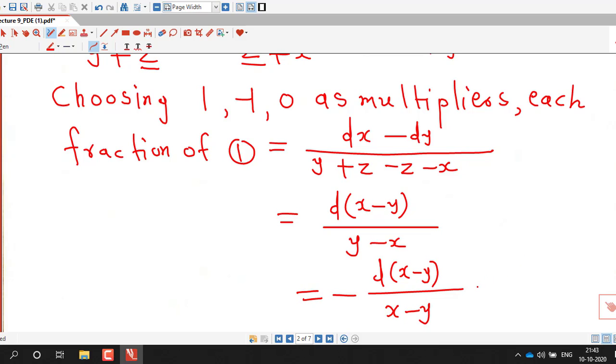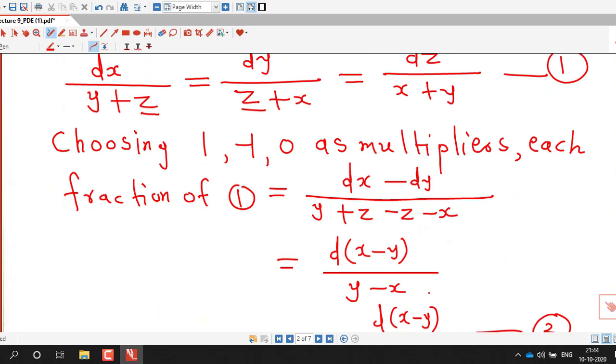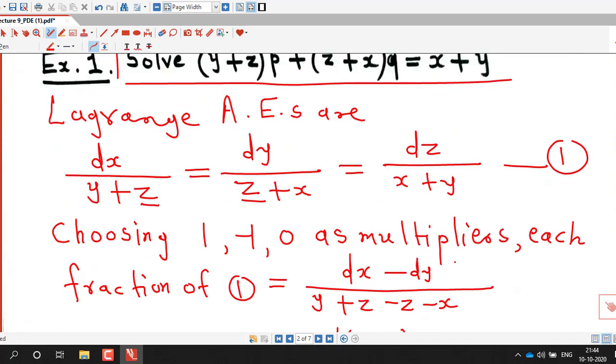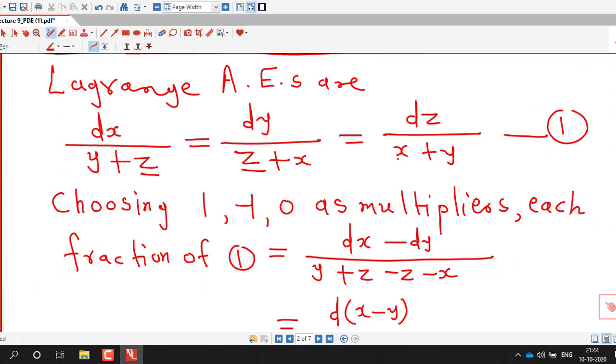So this is the new generated fraction in which this numerator d of x minus y is exact differential of the denominator x minus y. But we are not able to combine this new generated fraction 2 with any of these three fractions. So what we can do is we can generate another fraction. So as we have done in this case, now we can combine fractions 2 and 3.